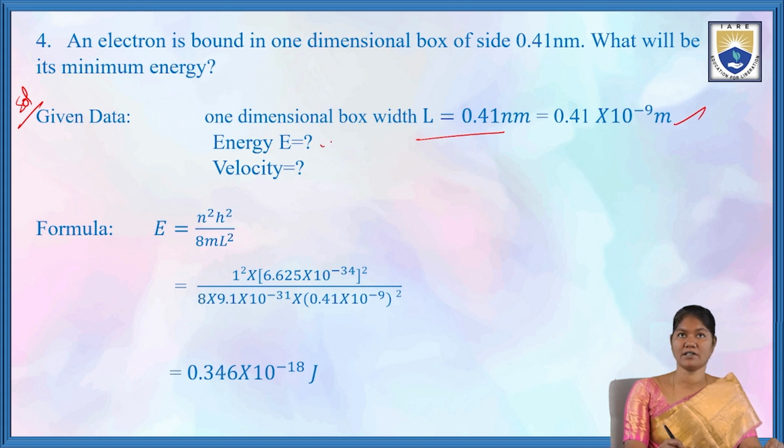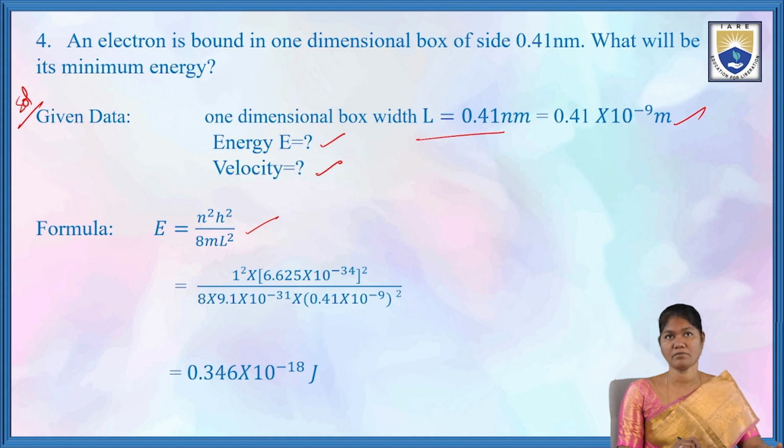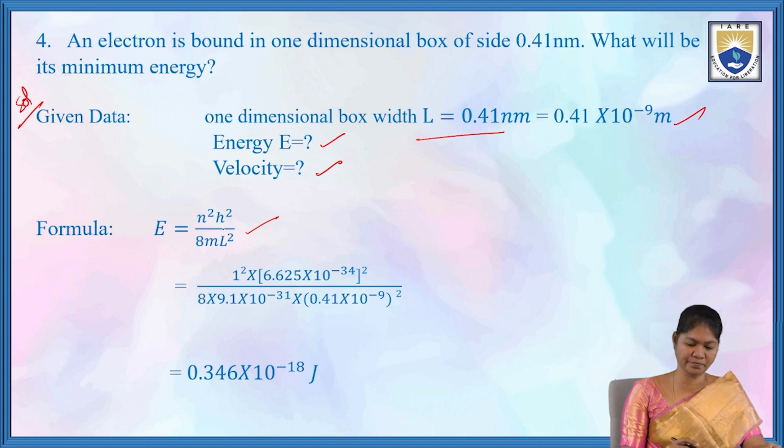So we have to calculate the energy. The energy of the particle in the potential box is equal to n square h square by 8 m L square. Here n is equal to 1. This is the minimum energy.